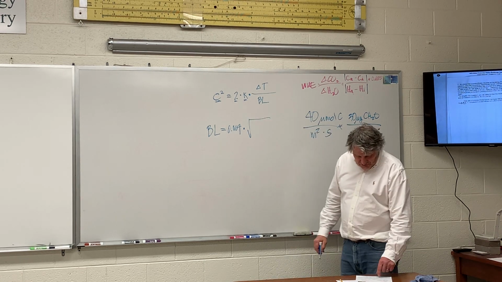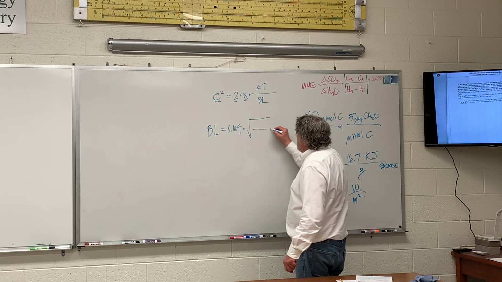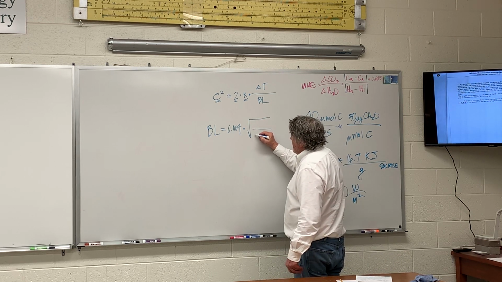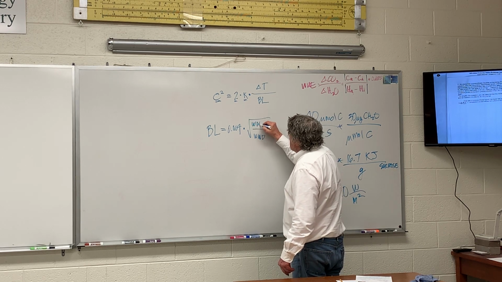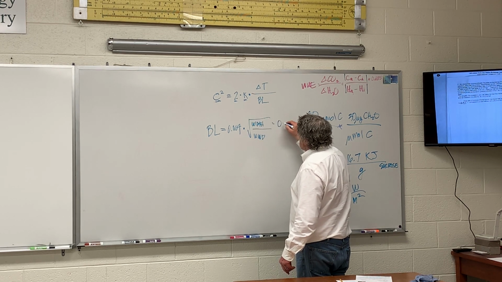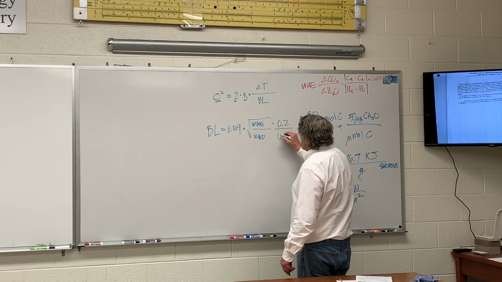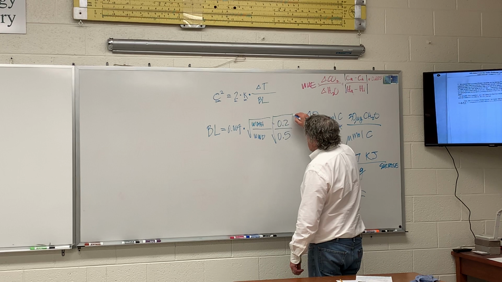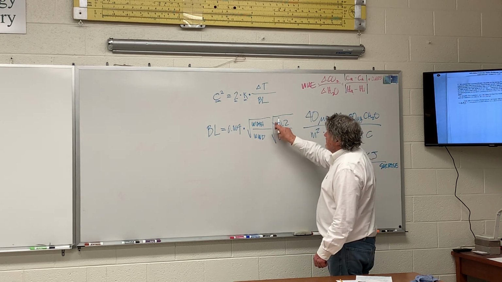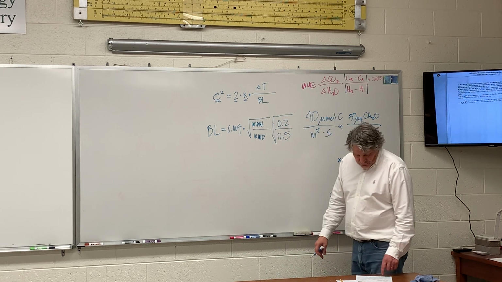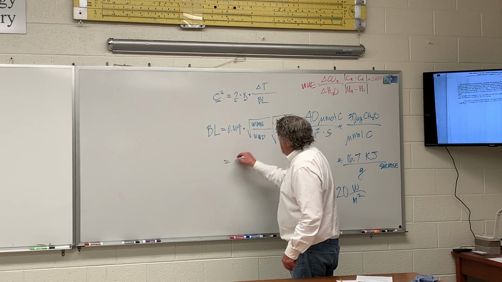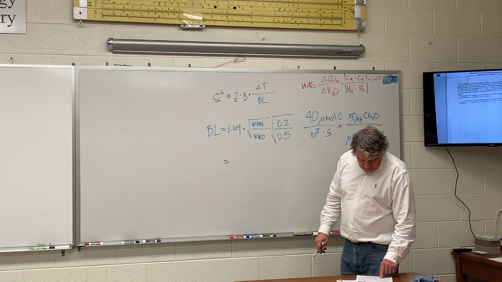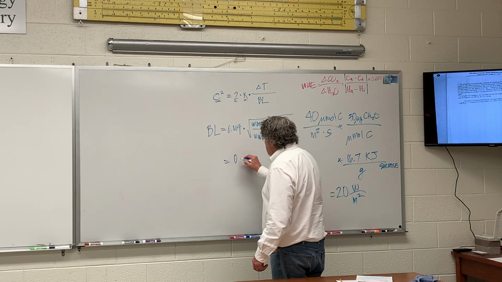So this is width over wind. I'll write it in here: width, 0.2 meters, over wind, 0.5 meters per second, and it's the square root of that. This is just the same thing with the values substituted. Now we do all this math and get a boundary layer of 0.00253.